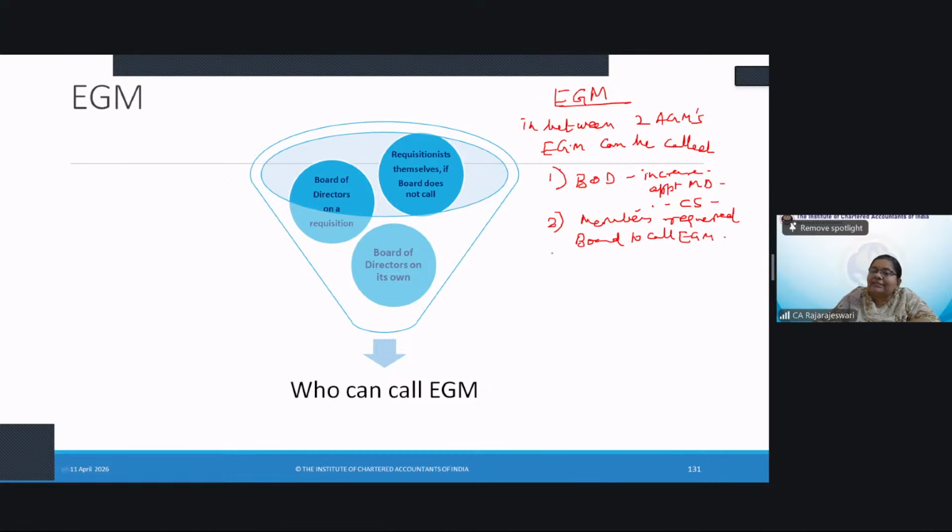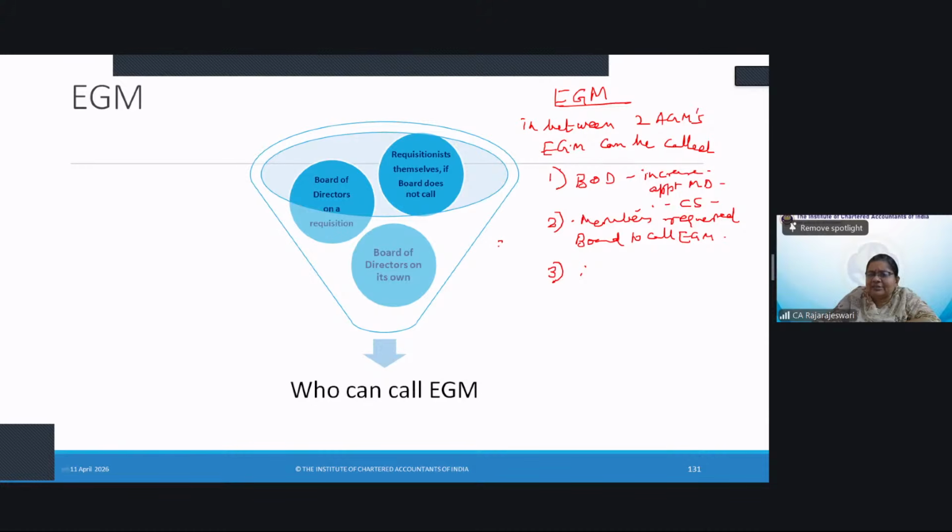So the board has received a requisition from the members asking it to call an EGM. Now if the board has not called, then the requisitionists themselves can call an EGM. Suppose they have not taken steps within 21 days.